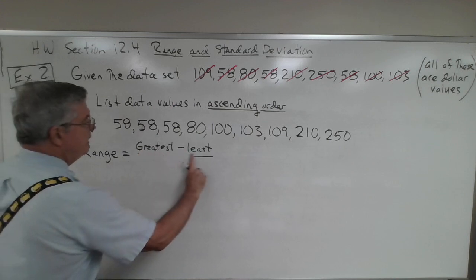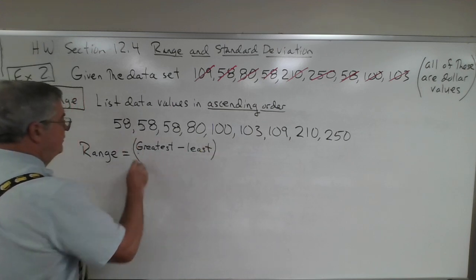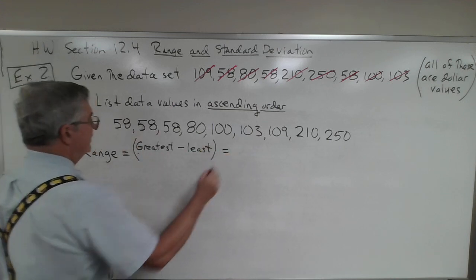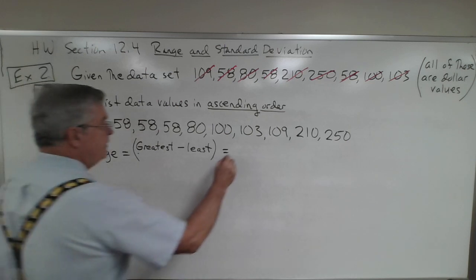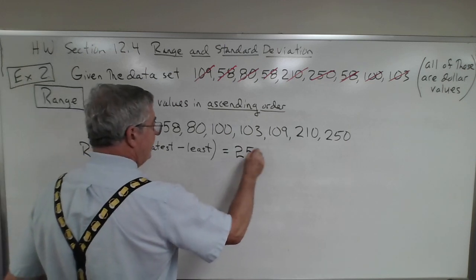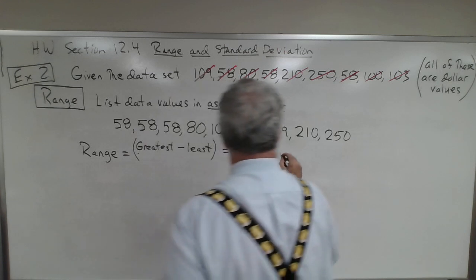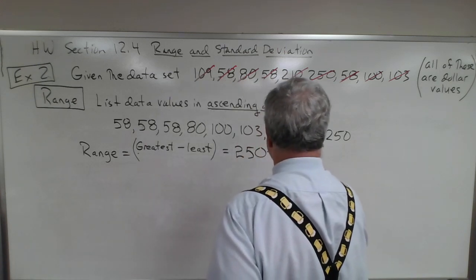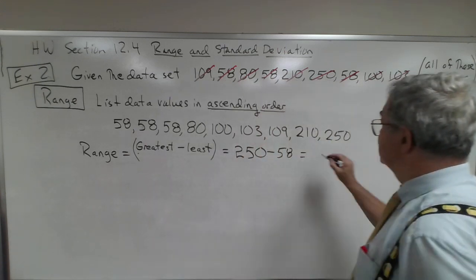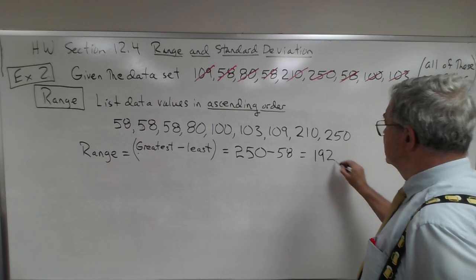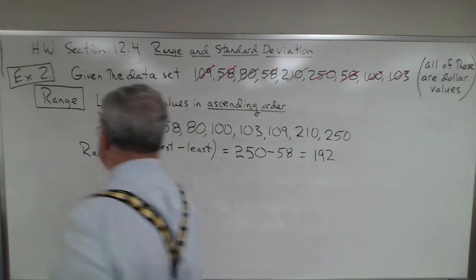Oh, and we don't have to divide by anything here. Forgive me, I'm on autopilot. The greatest is 250. The least is 58. So it looks like our range is 192.